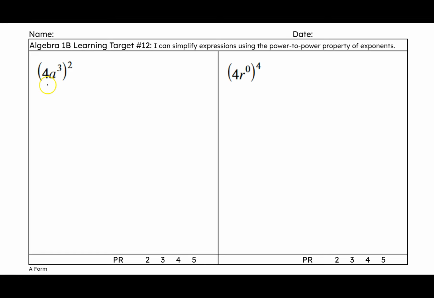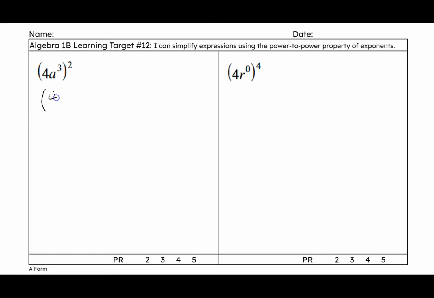So in this case, we happen to have a parentheses, and outside that parentheses is an exponent of 2. That means it's not just this a here that's being squared, it's this entire thing that is being multiplied to itself twice. 4a to the third power times 4a to the third power. So let's expand that out.